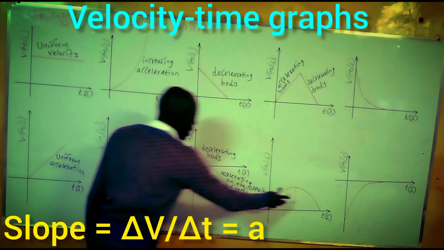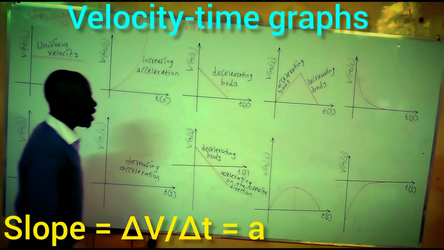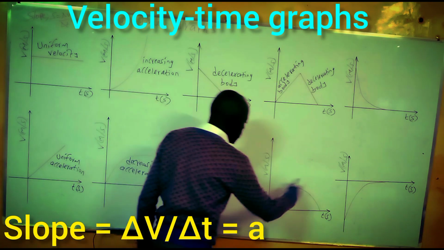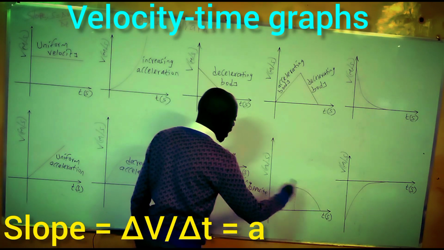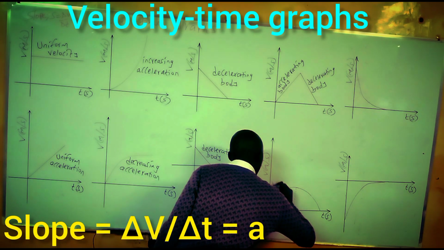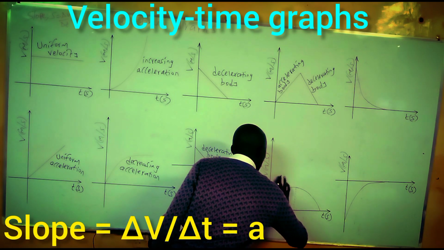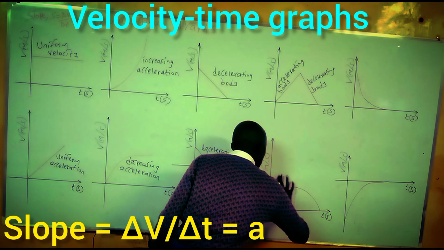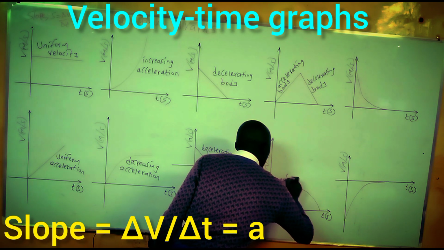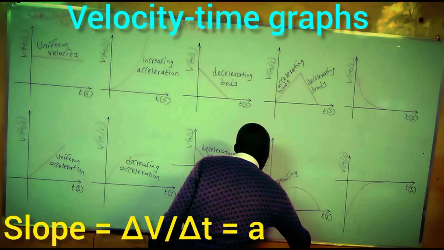So we go to the next one here. That's the heavy one. If you look at this slope here, the slope is decreasing, meaning the body is moving with decreasing acceleration.